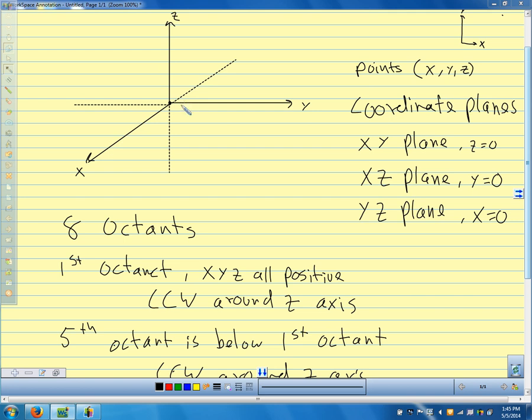But it's not that important that you know, okay, the 7th octant is down here below the xy plane when z is negative. You should be able to figure it out just by using this information, but just be aware that we have 8 octants. We start where x, y, and z are all positive, and we go counterclockwise around the z-axis. So is everybody good with our octants?